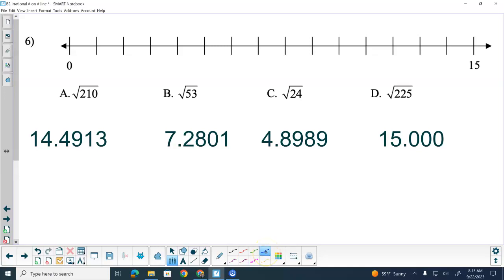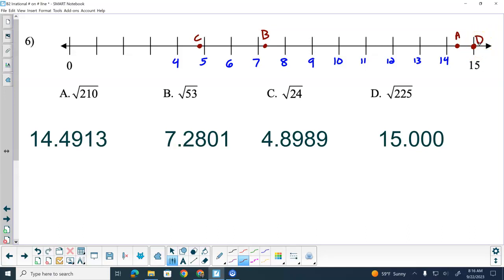So, if 1, 2, 3, 4, 5, 6, 7, 8, 9, 10, 11, 12, 13, 14, so 14.413 should be right there. 7.28 should be right there. 4.8989 should be right there, and 15 should be right there.